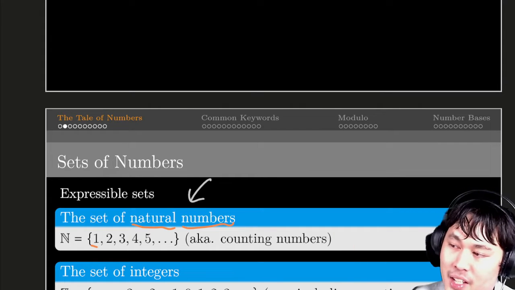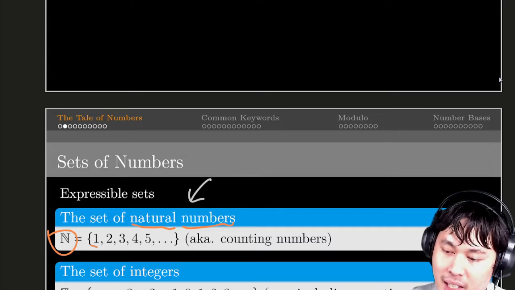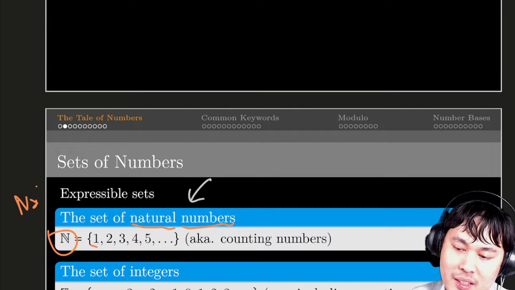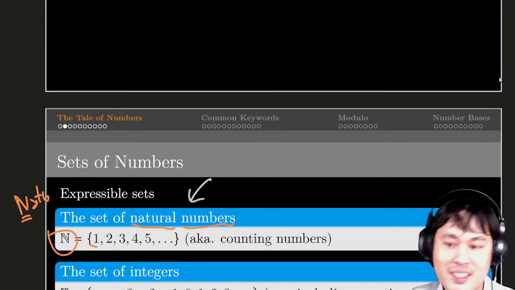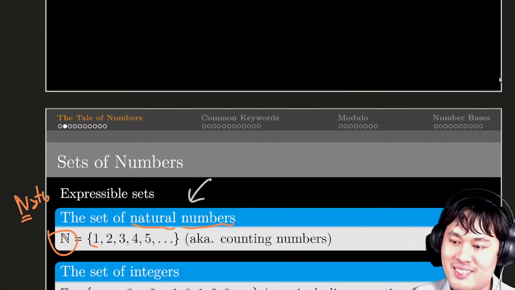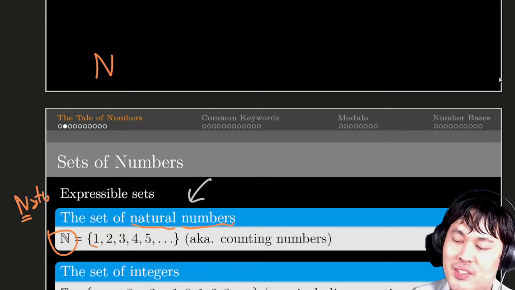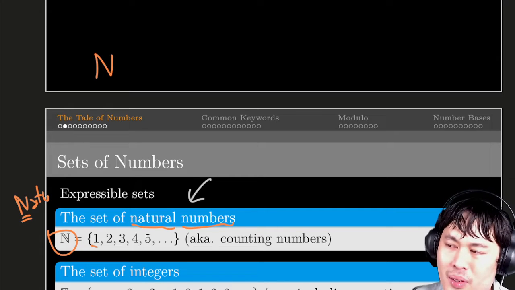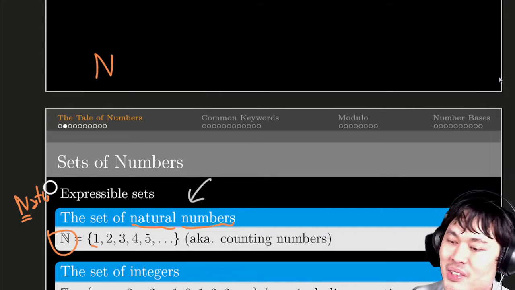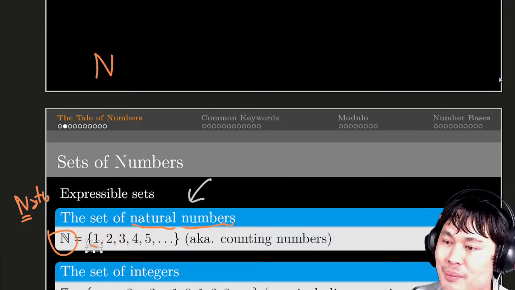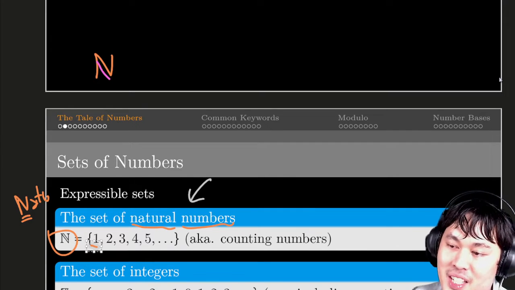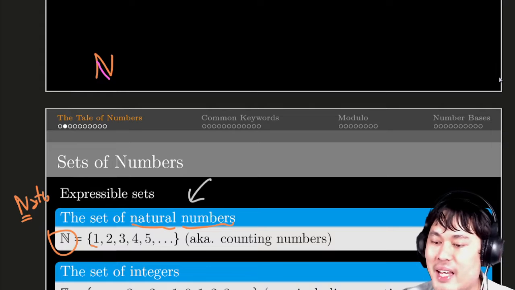And so they're natural. And that's the letter N, because N is for natural. And in math, if you just write N, it just seems like a normal letter. You might not think about a set. So in math, we make it fancier by adding a line to that.